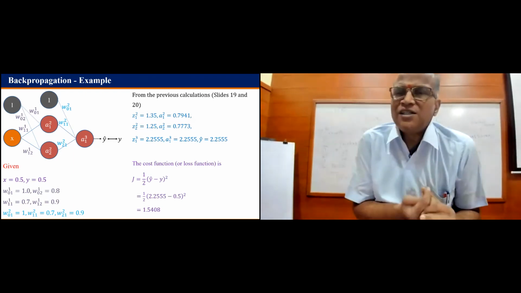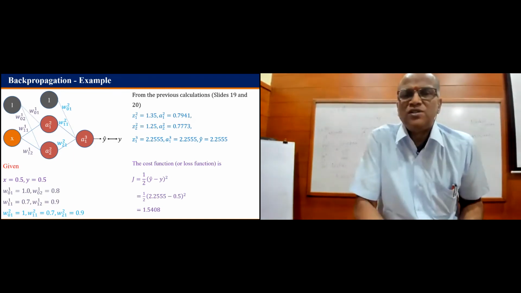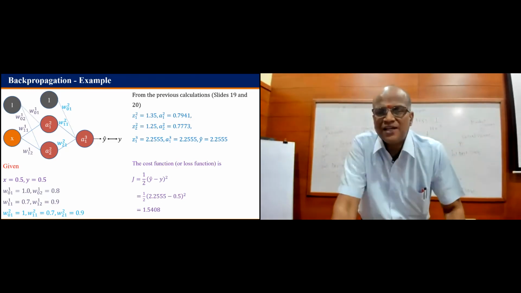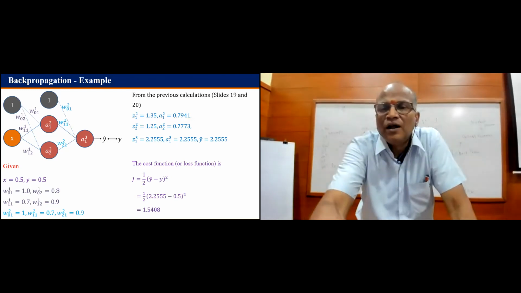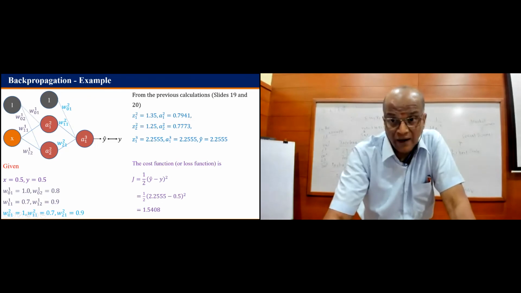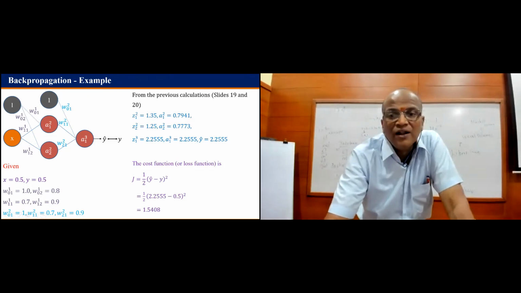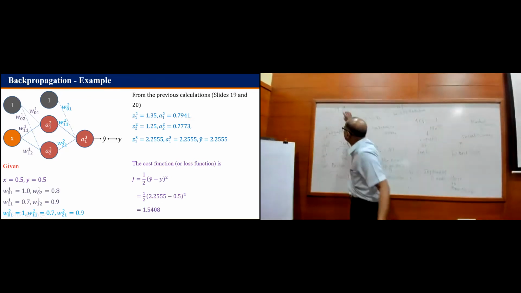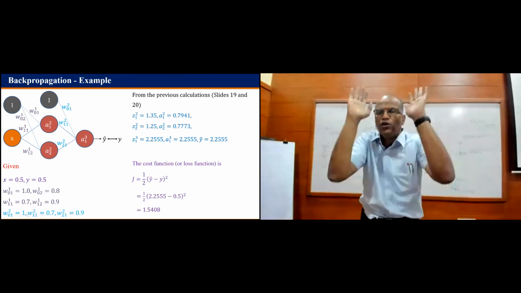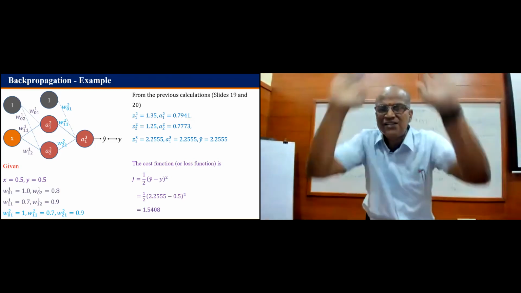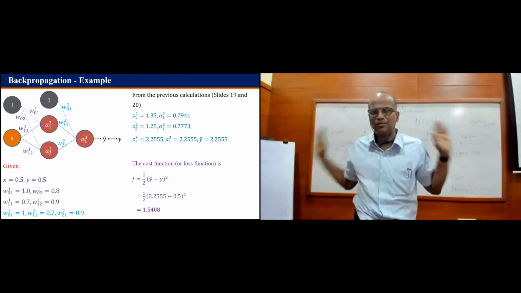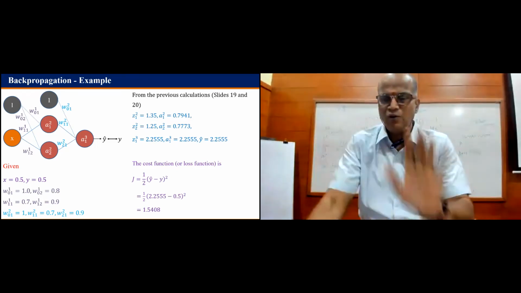From the previous calculation, slides 19 and 20, we know Z12, Z22, Z13, A13, and Y. The cost function we already got, 2.225. The data Y is 0.5, therefore the error is now 1.54. The challenge is to keep changing the weights such that this J comes down to as minimum as possible. That is the problem of neural network training.